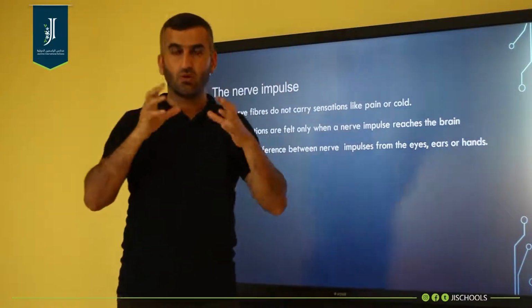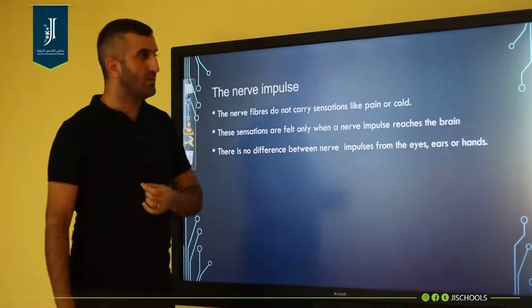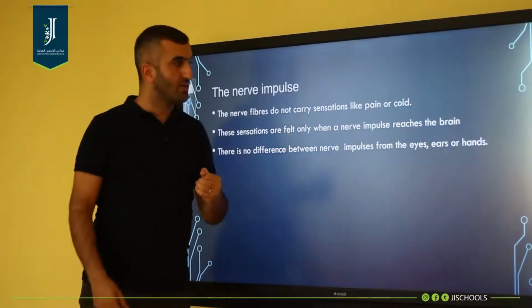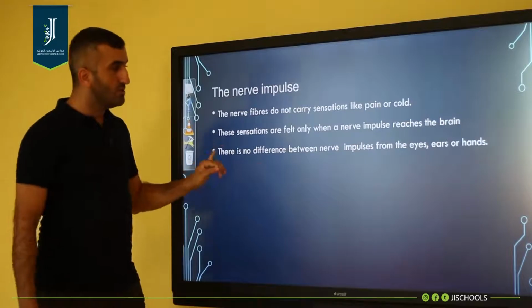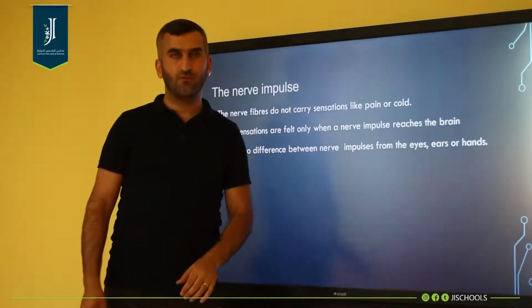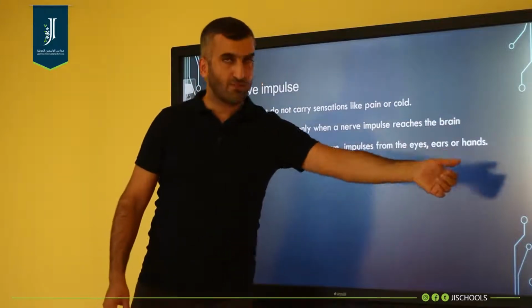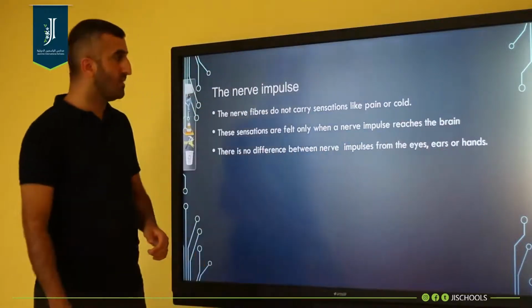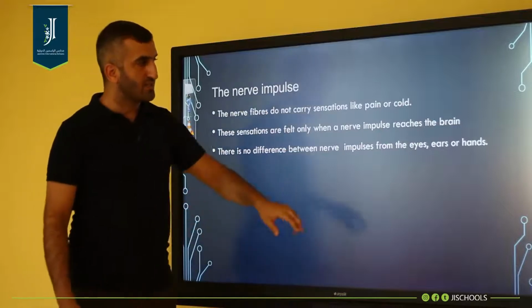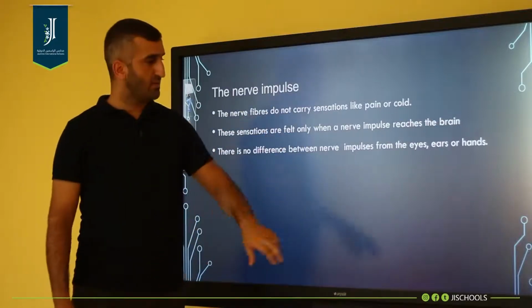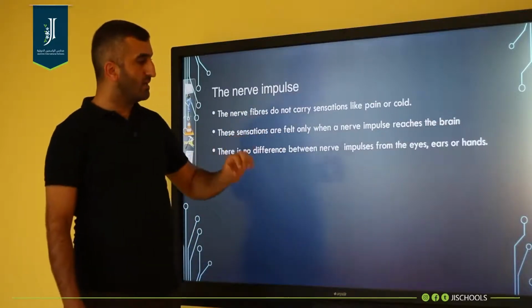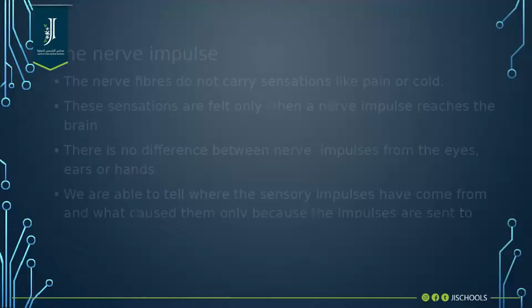So it's electricity or kind of changes in the electrolyte distribution in the nerve cell. So at the end there is no difference between the electrical signal from the eye, from the ear, from the hand, from any other sense organ in the body. All of them are the same in the composition of the electrical signal itself.